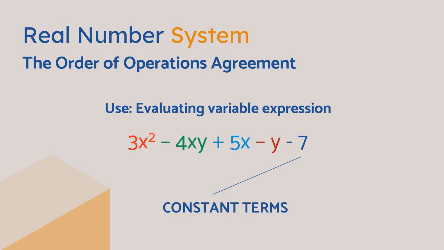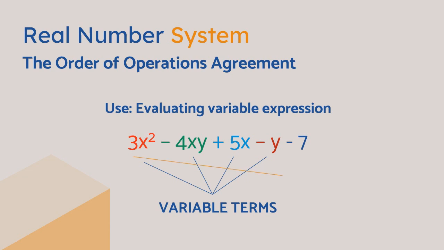Why? Because 7 is constant, its value is constant, while if there is a variable or a letter, the value changes or varies depending on the value of the variable. So these are variable terms.